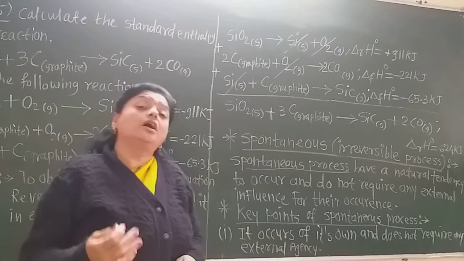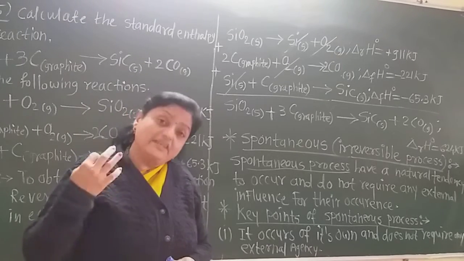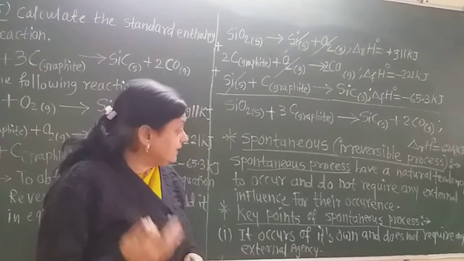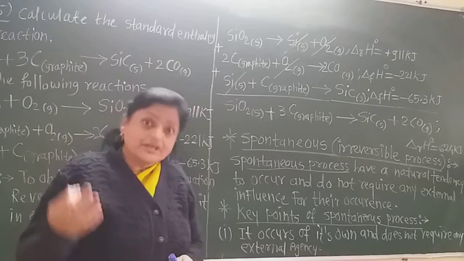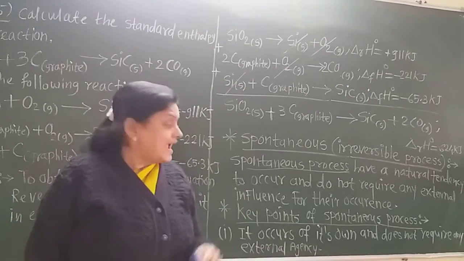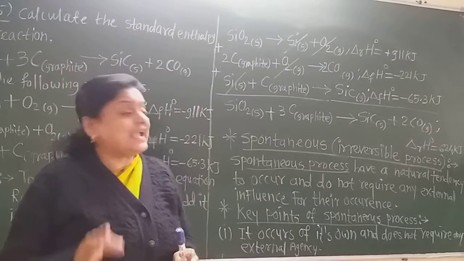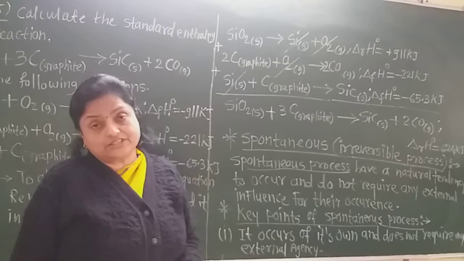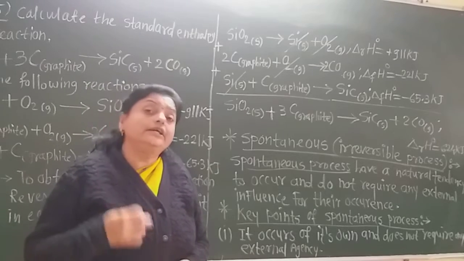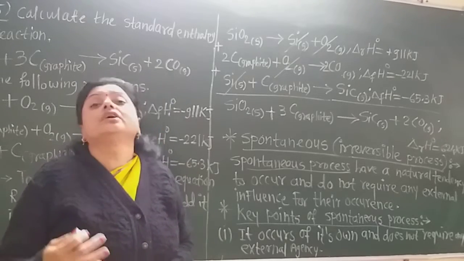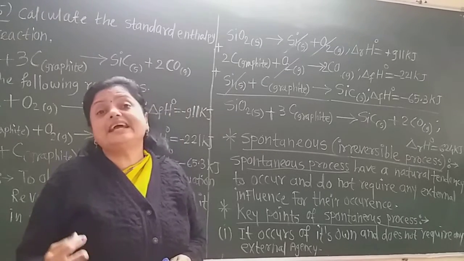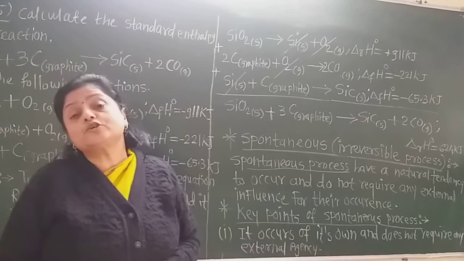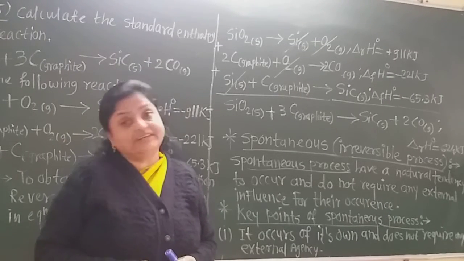That means the spontaneous process occurs of its own accord, and it does not require any external agency or influence. That is the natural and irreversible process. The process which occurs with a natural tendency and which does not require any external influence is called the spontaneous process, or it is also called the irreversible process.